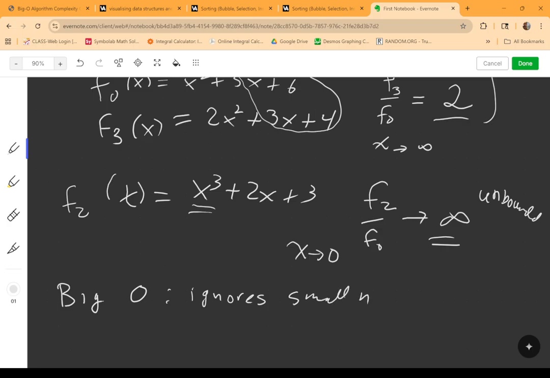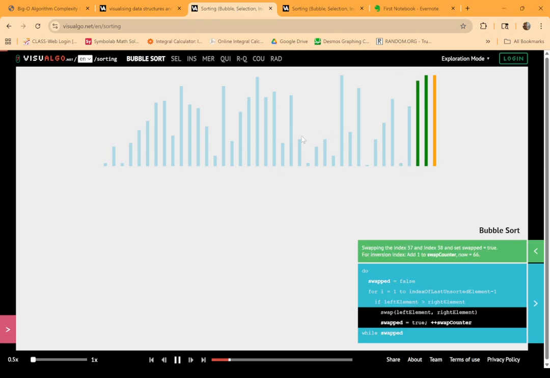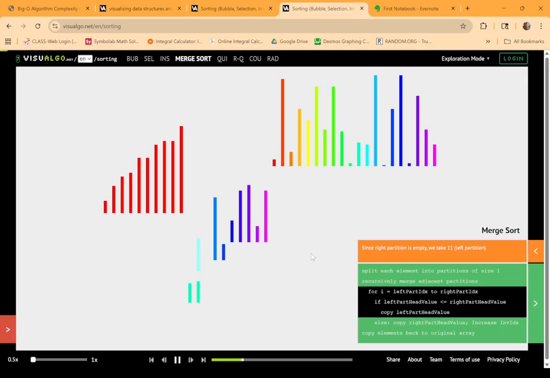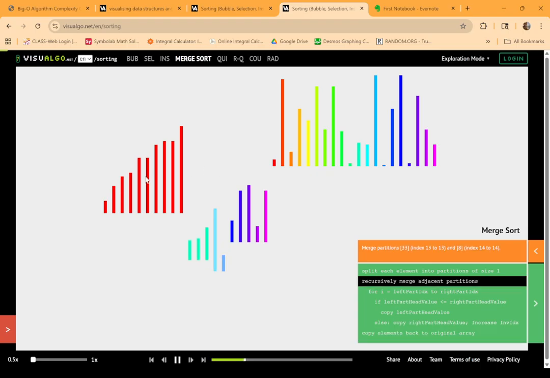All right, and here, before we move on, we can check into our sorting. I'm going to see here the bubble sort still going, doesn't even look like it's close to being done, right? And as we see here for the merge sort, you can start seeing at least this part here is much more sorted.